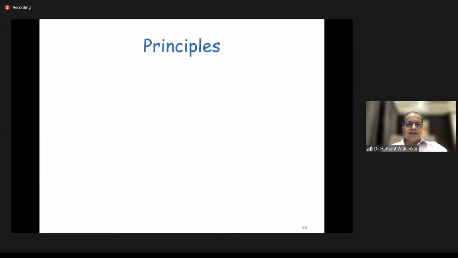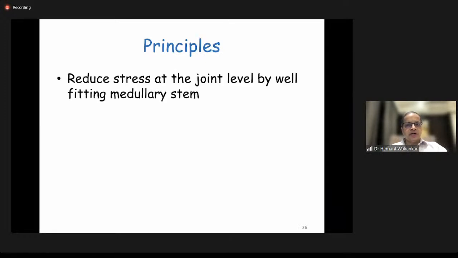So let's consider the principles of dealing with bone loss, especially when it comes to revision. I think it's important that one has to reduce the stress at the level of the joint, because the bone at the level of the joint is quite deficient. One has to add an intramedullary stem, and the stem either has to be well-fitting, uncemented, or a cemented stem.